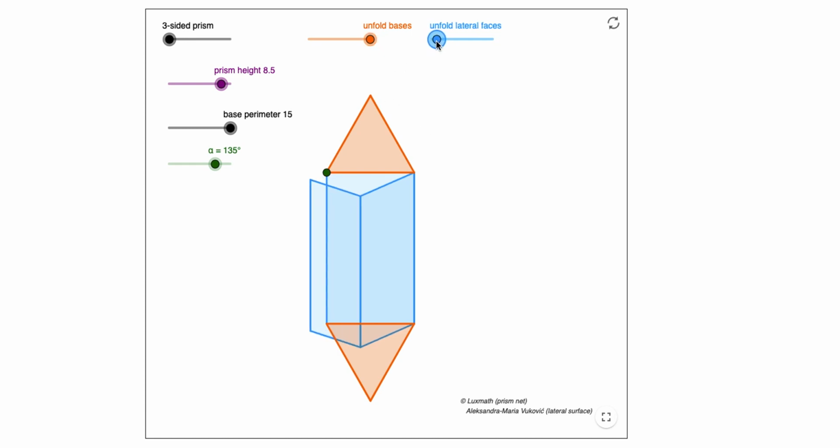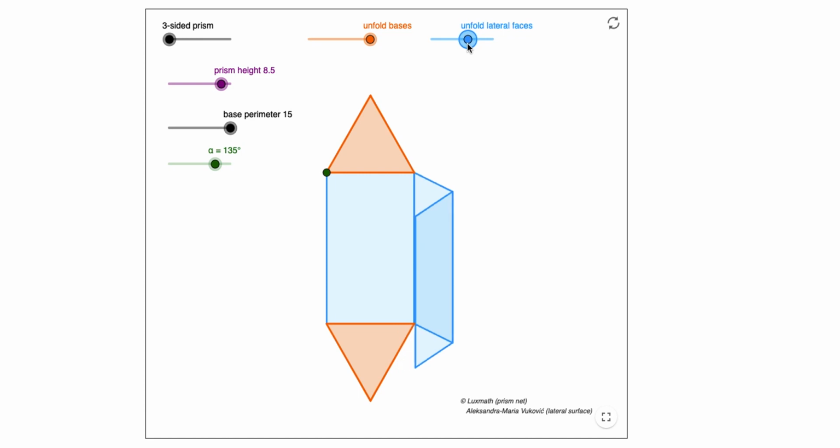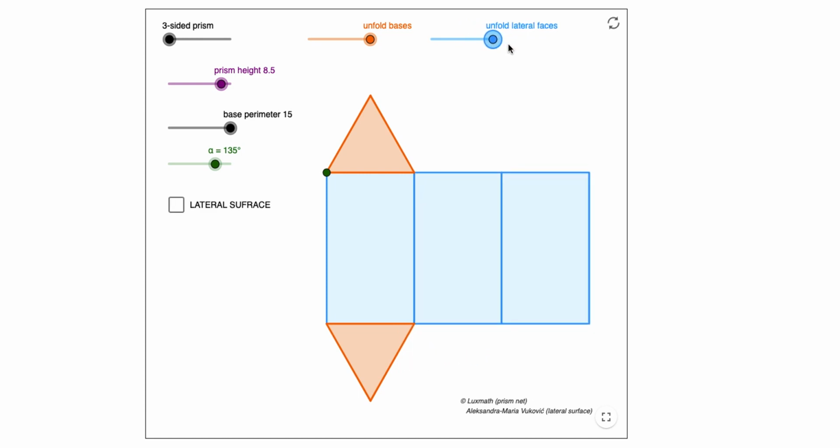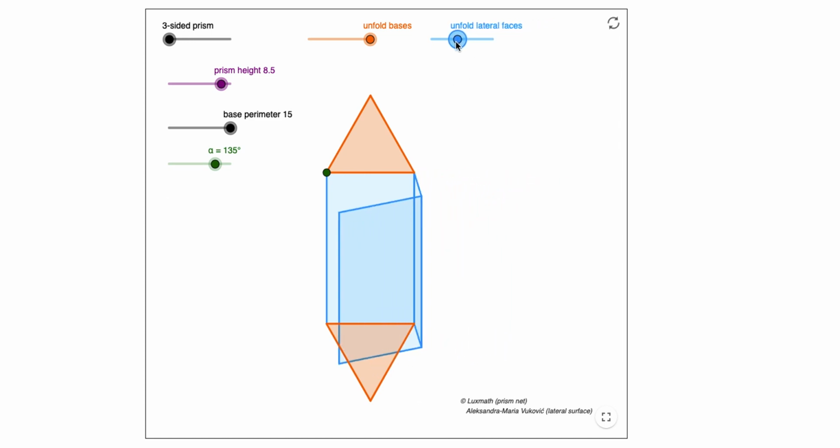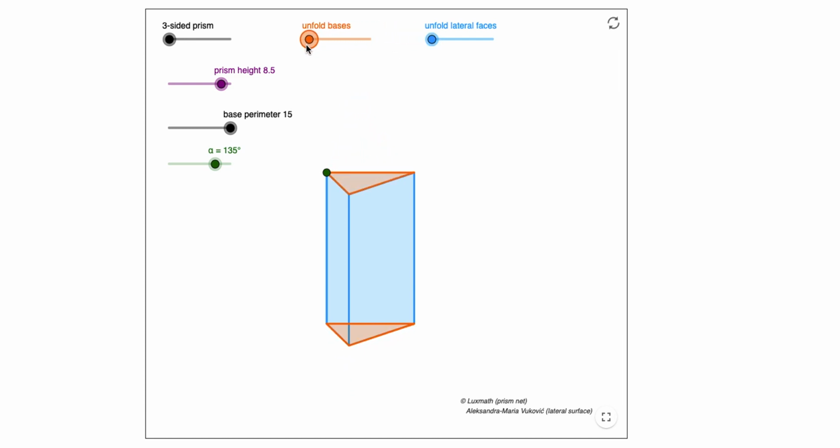And I can unfold the lateral faces slowly like that. So you can see all of these faces are meeting at the edges of the bases, right? So this rectangle meets with this one. Can you imagine that? If I unfold them, it looks exactly like that, right? And goes down there.